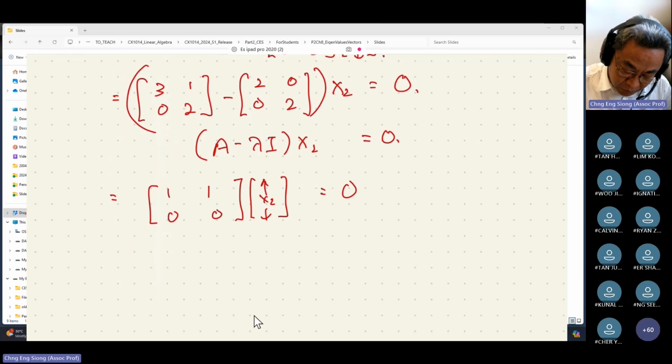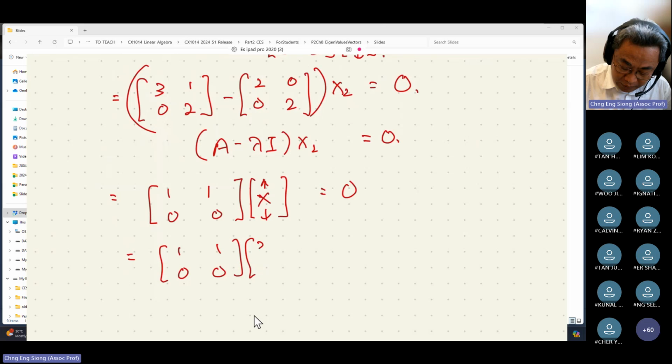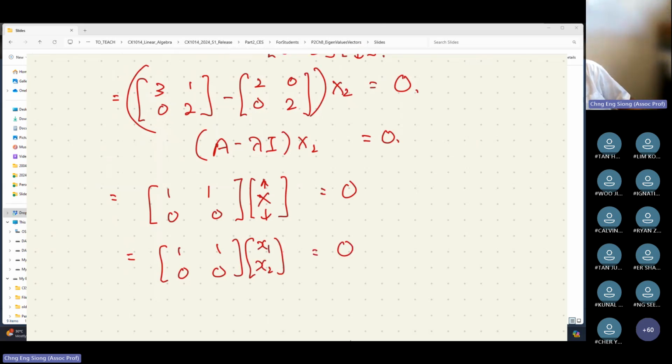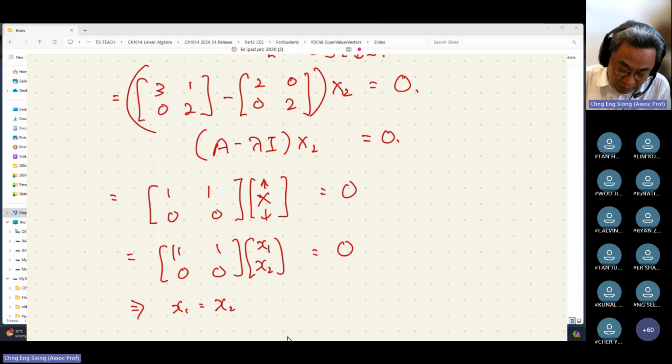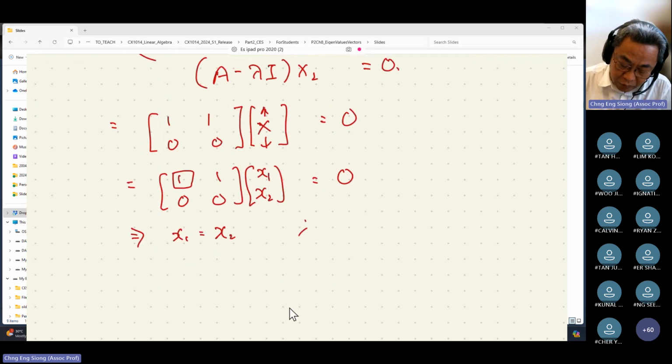Okay, let's not call this x2 now, guys. Let's just call this a big X. So let's call this matrix 1, 0, 1, 0, and let's call the entries x1 and x2. I don't know about you, but I always have problems solving this. So this implies x1 equals x2. There is a pivot and one free variable, so x1 is the pivot, x2 is free.